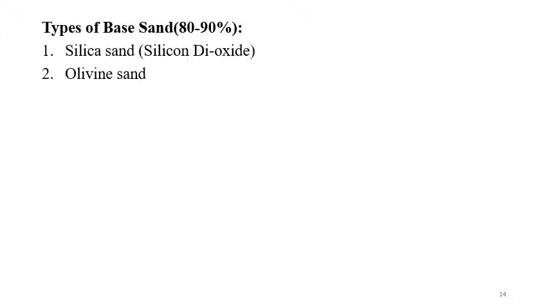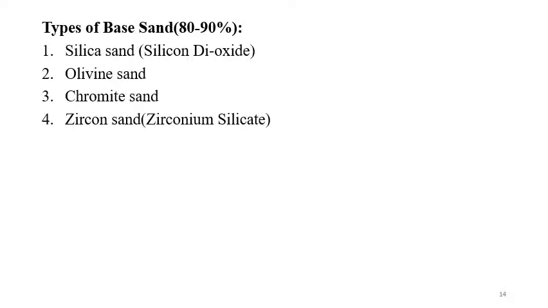Types of base sands used in the foundry: silica sand or silicon dioxide, olivine sand, chromite sand, zircon or zirconium silicate. Using any one of them.